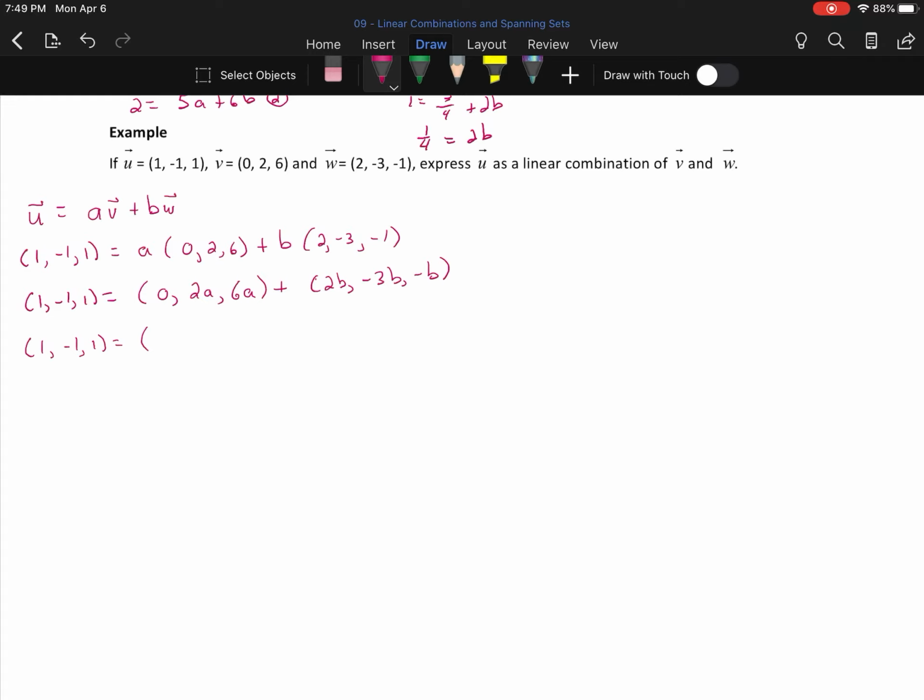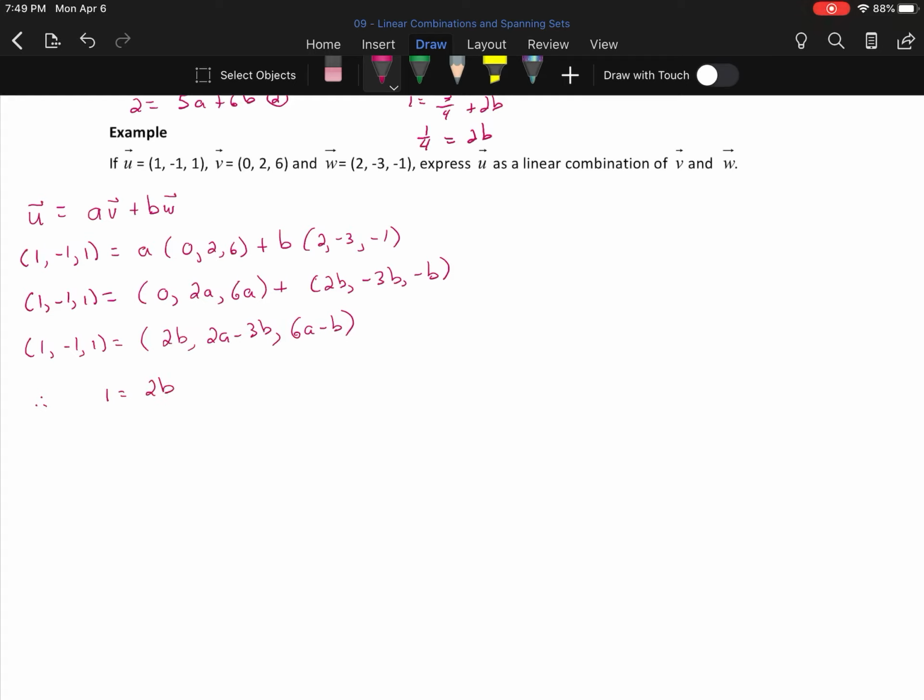And then I'm going to add the two vectors together, so what I get is 1, -1, 1 equal, and the x will be 0 plus 2b, that's just 2b. The y will be 2a minus 3b, and the z will be 6a minus b. So now I've got that vector all ready to rock and roll. So this results in 3 equations this time.